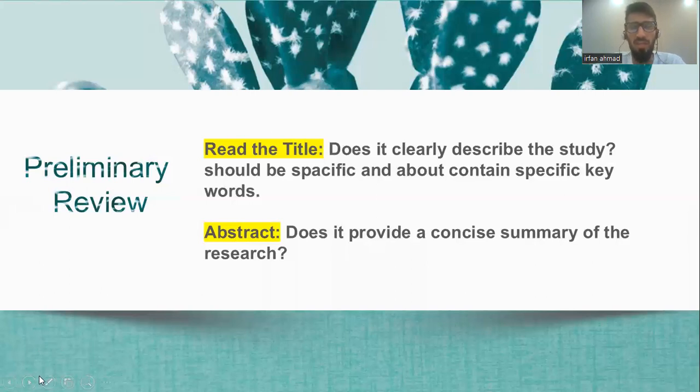The second thing in the preliminary review is the abstract. Does it provide a concise summary of the research or not? You also have to keep in mind that it should include an overview of the purpose, an overview of the methods, the major findings, and the conclusion.